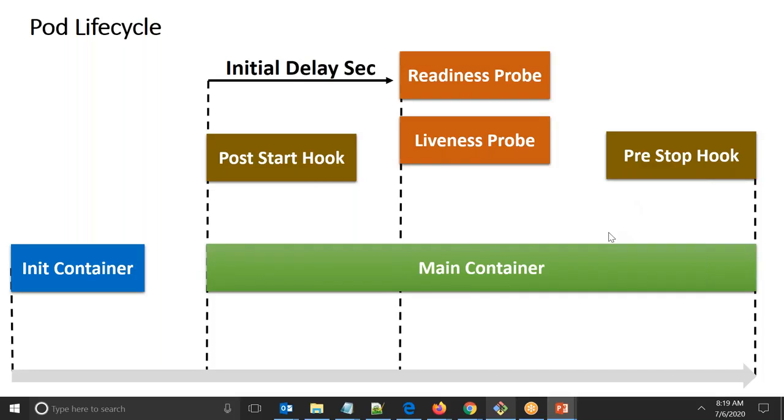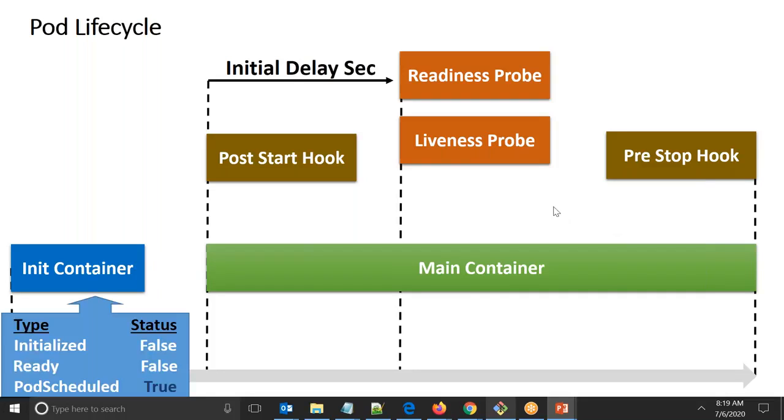Okay, now here if you try to compare with the pod's status that we have defined, when the pod is trying to create a particular init container in a place, and when it is running, you can see it will be in the status called pod scheduled true.